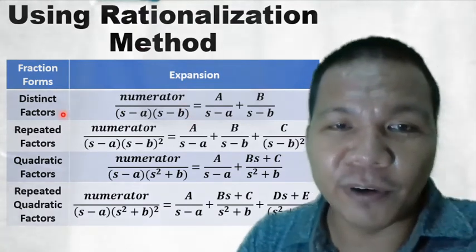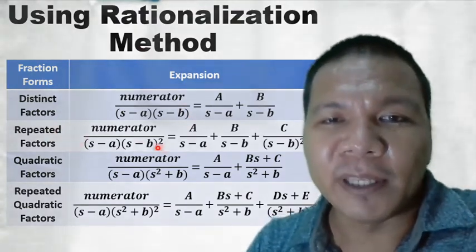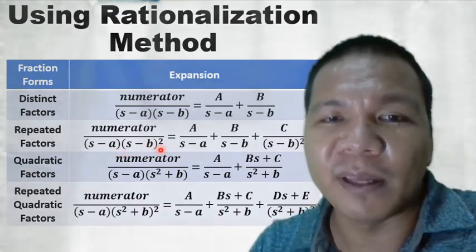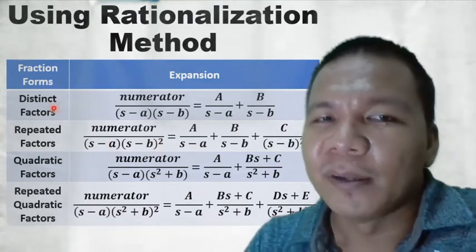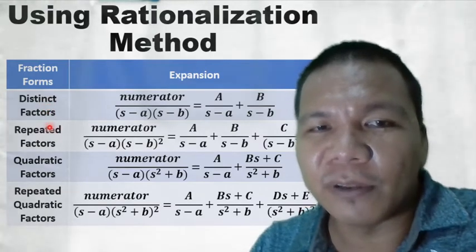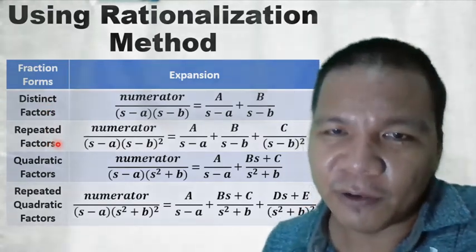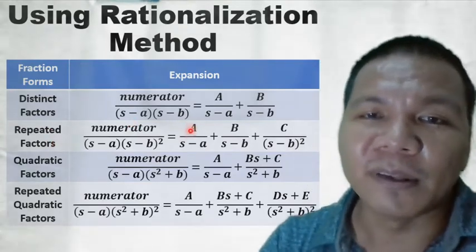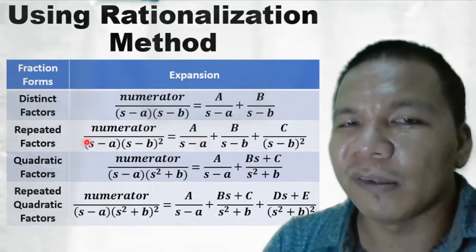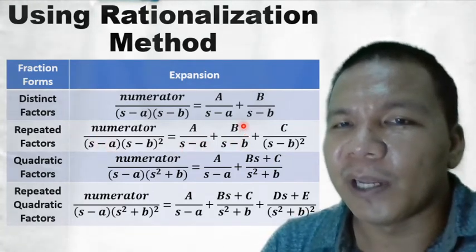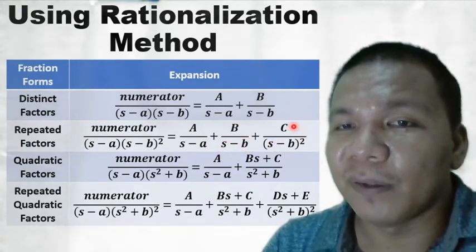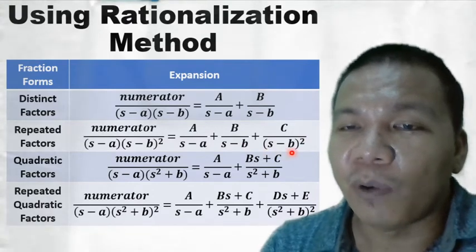For the repeated factors, take a look at the denominator here. You can see s minus b quantity squared. This is the repeated linear factor. For the repeated linear factor, this is the expansion: A all over s minus a, where s minus a is a distinct factor, and then B all over s minus b, and C all over s minus b quantity squared.